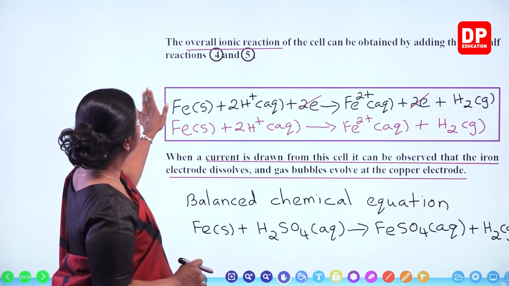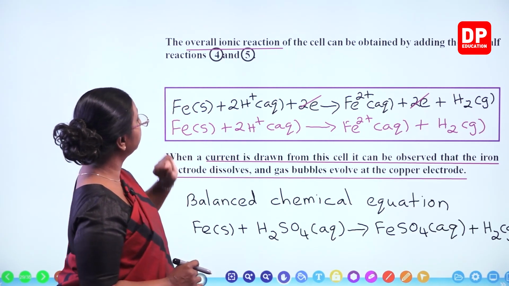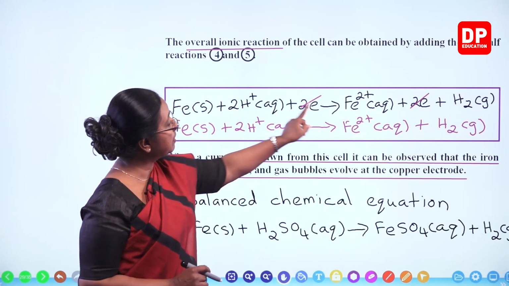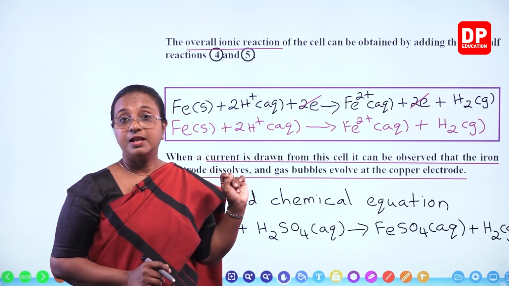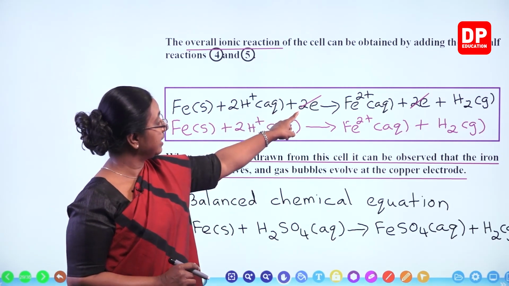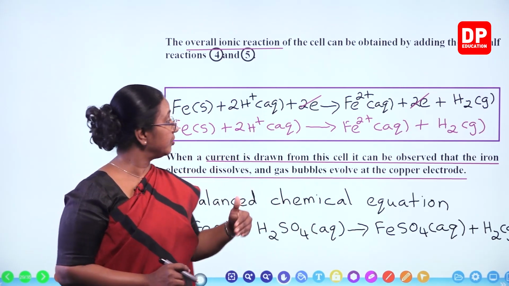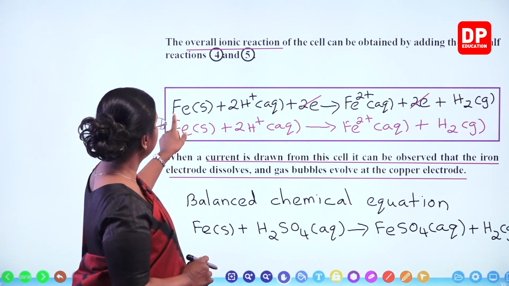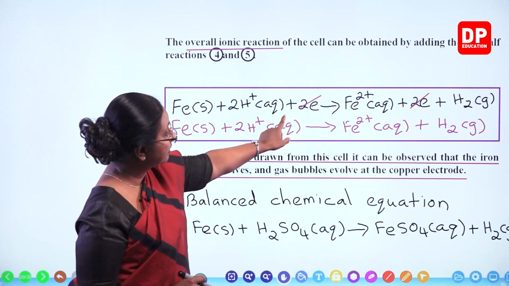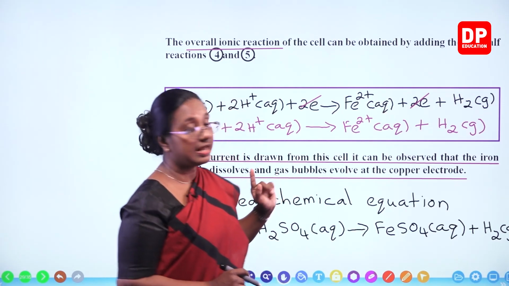So the overall ionic reaction of the cell can be obtained by adding the two half reactions. What is the oxidation half reaction? Fe becoming Fe2 plus, losing electrons. Reduction half reaction: H plus taking up electrons, becoming H2 gas. When you add them together, you get this equation: Fe solid plus 2H plus aqueous plus 2 electrons giving rise to Fe2 plus aqueous, 2 electrons and H2 gas.